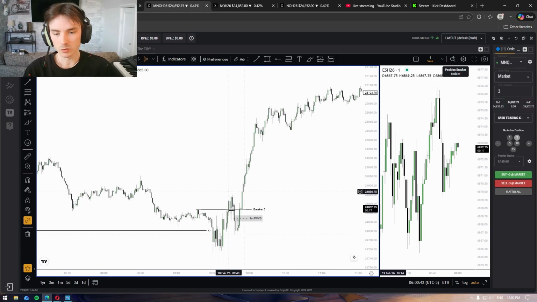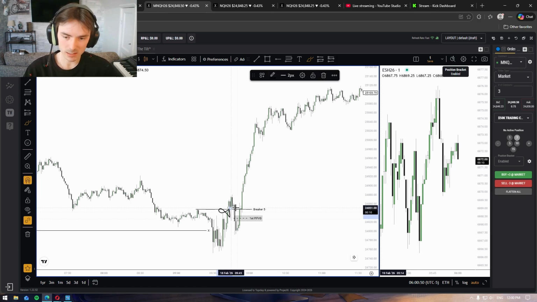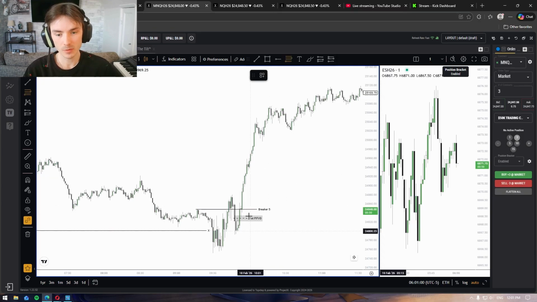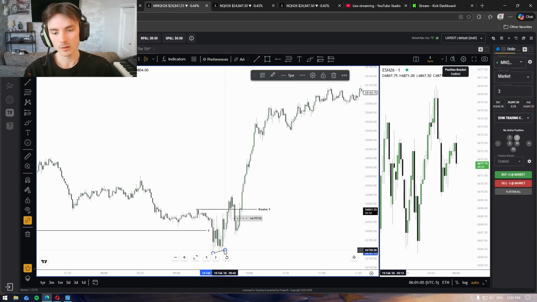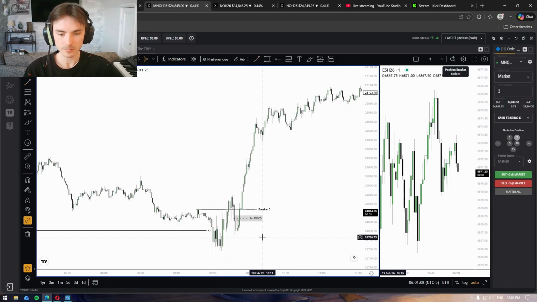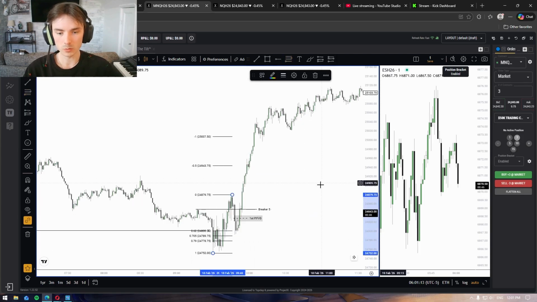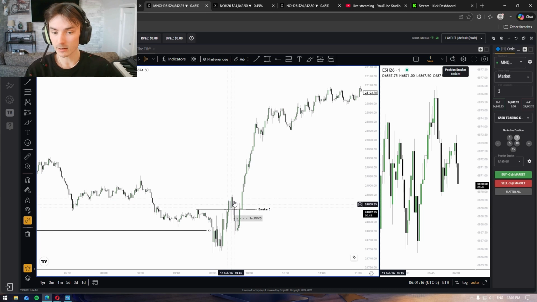And then price takes sell side, comes back up, doesn't really displace above, no fair value gap. I want to see this breaker get respected. I was cautious about these lows, but then OTE, so fail to displace, comes back down to OTE.